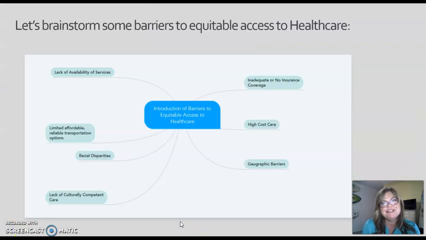Okay, did you have any of these barriers listed on your web? If not, that's okay, because we're all just starting to discover what these barriers are. But hold on to that scratch piece of paper, because we're going to be using it and growing our knowledge in this topic through our brainstorming.